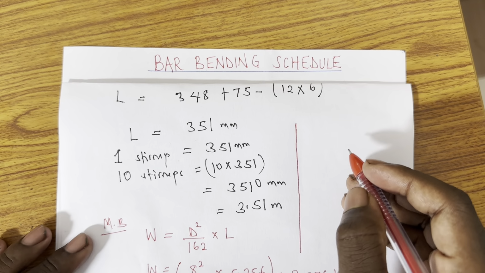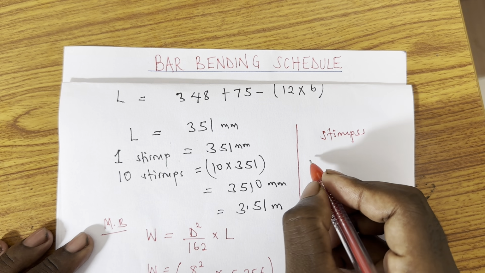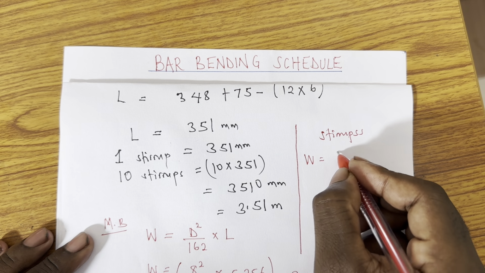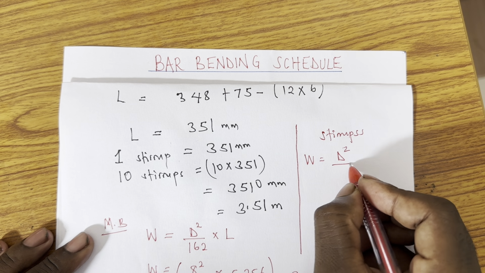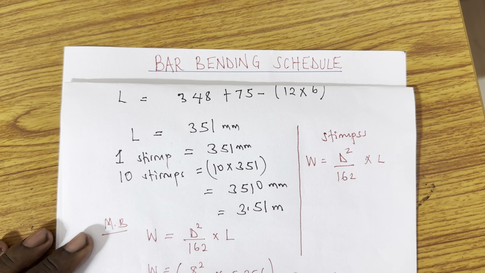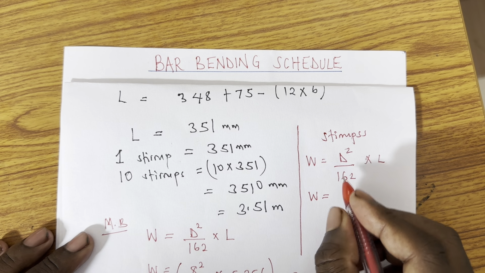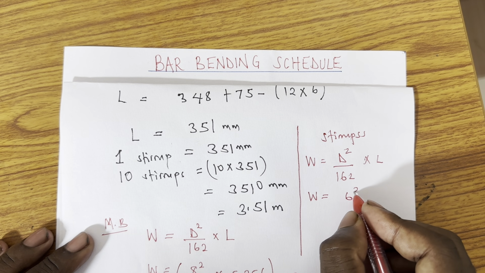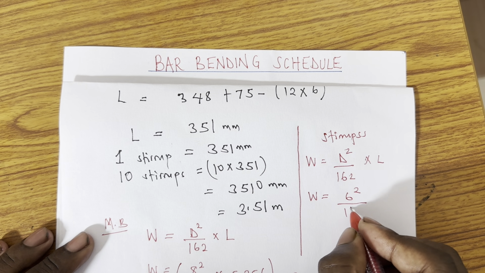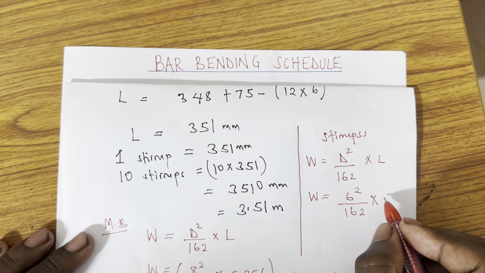For the stirrups, the formula still remains the same: diameter of the stirrup, d squared, over 162, times the length that I require. Here d is 6, so 6 squared divided by 162 times the length of the stirrups that I've calculated, which is 3.51.